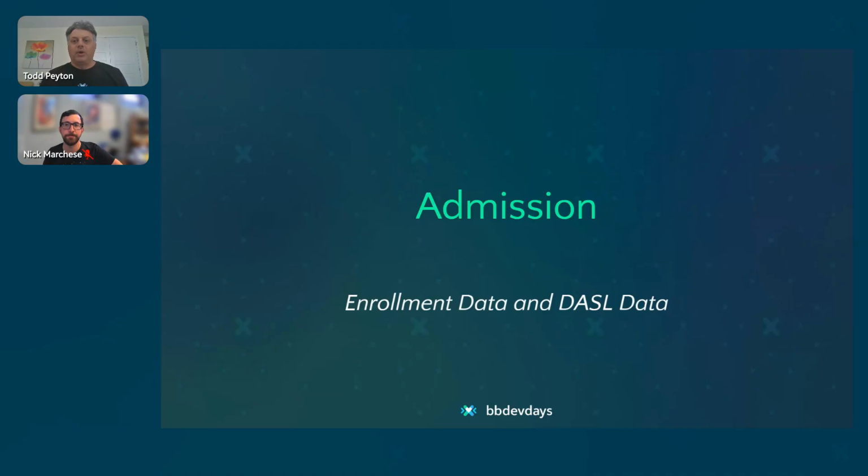Okay, so where this all began was with admissions, and there were 2 pieces to this. The first one was enrollment data. When we would start the enrollment process, I would get daily emails asking me how many applications did we get completed? How many contracts did we get completed today?